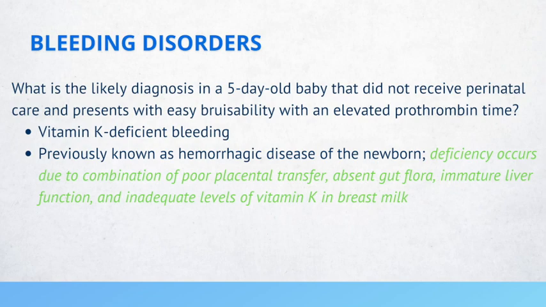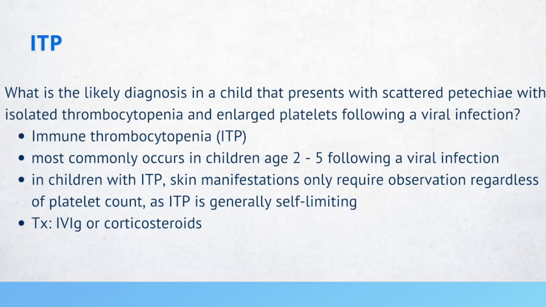What is the likely diagnosis in a child that presents with scattered petechiae with isolated thrombocytopenia and enlarged platelets following a viral infection? Immune thrombocytopenia. This is very high yield. If a patient had an upper respiratory tract infection, and then presents with petechiae, and on blood work the only abnormality is thrombocytopenia, think about ITP.